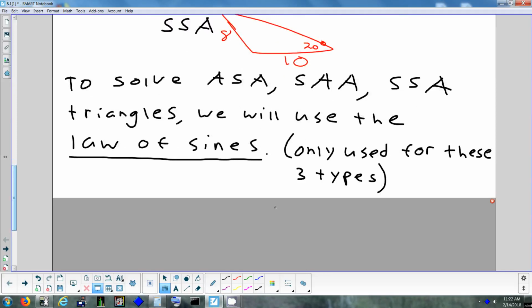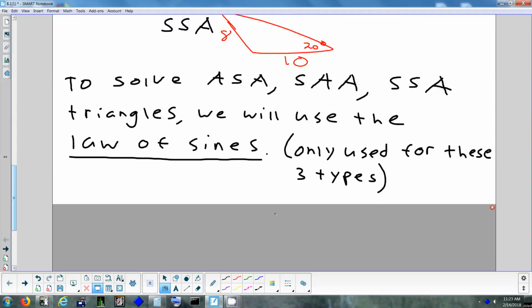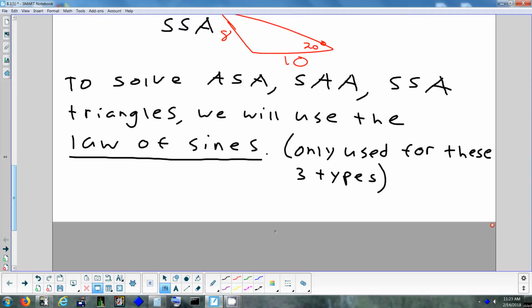There's also one other type, SAS. SAS is not one of the three I've listed. You cannot solve it with what I'm teaching you this week. So on this test, you're always going to use the law of sines.